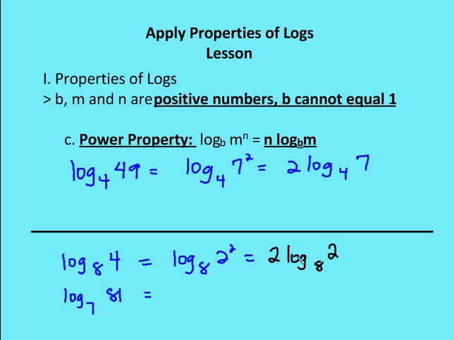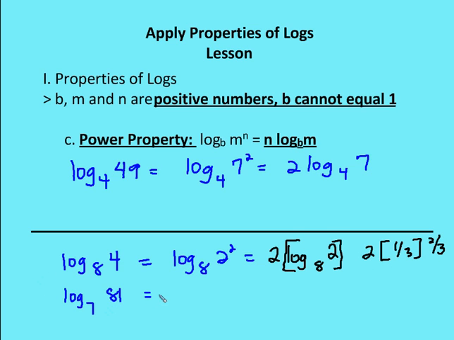I know that log base 8 of 2, I can take the cube root of 8, and I get 2. So this particular portion of the expression can be simplified to 1/3. So I have 2 times 1/3, or 2/3 as my result.